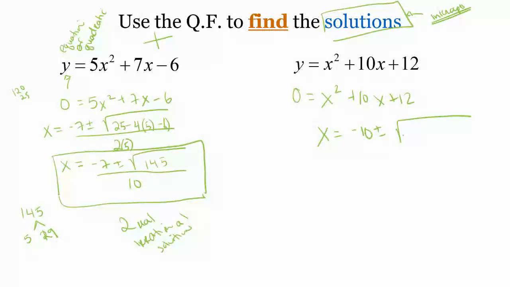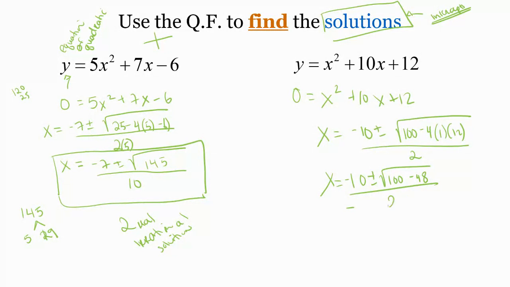Negative b plus or minus the square root of b squared minus 4ac, all over 2a. So x equals 2, negative 10 plus or minus the square root of 100 minus 48, 52, all over 2.